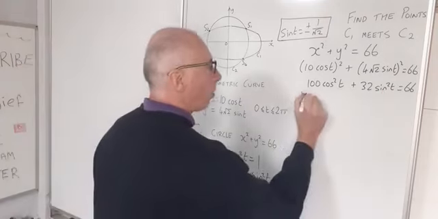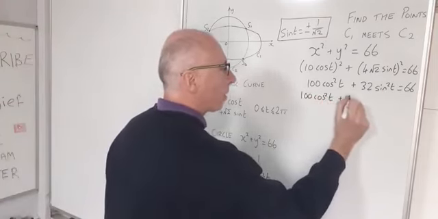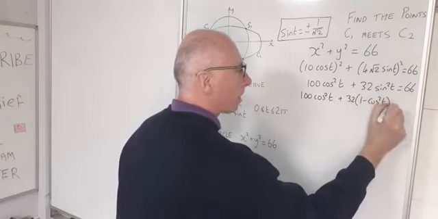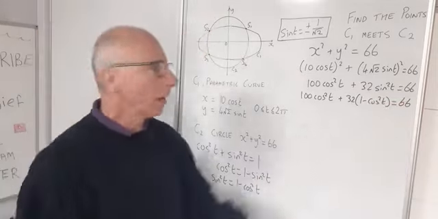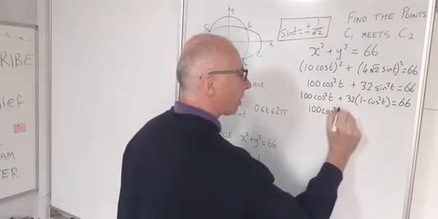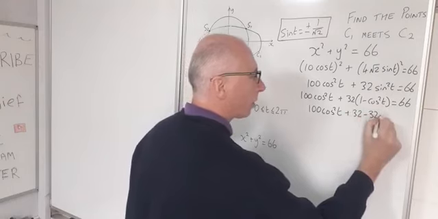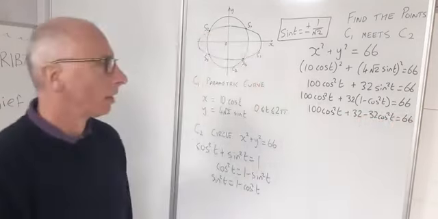So now I've got 100 cosine squared t plus 32 times (1 minus cosine squared t) equals 66. And as we did before, multiply out the brackets. So 100 cosine squared t plus 32 minus 32 cosine squared t equals 66.